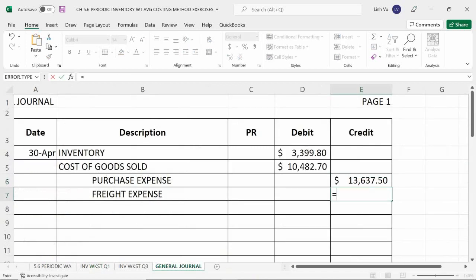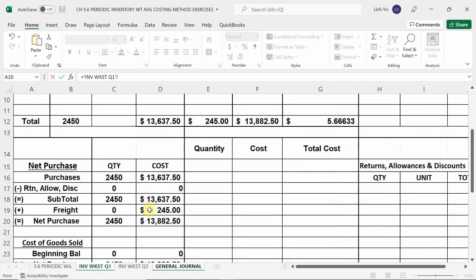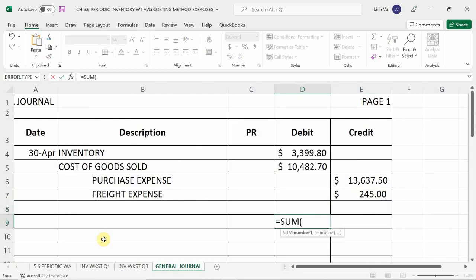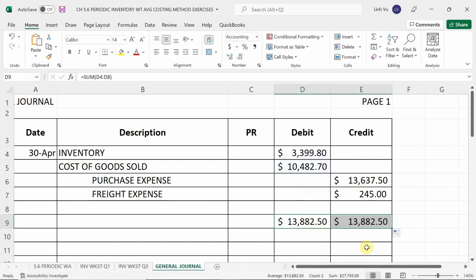And what was my total freight expense? $245. So check to make sure that your total debits match your credits. I got 13,882.50 on the left, 13,882.50 on the right.